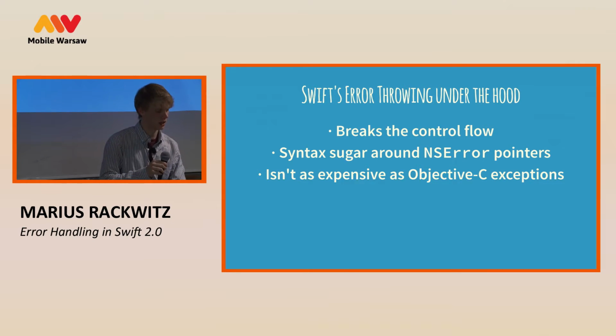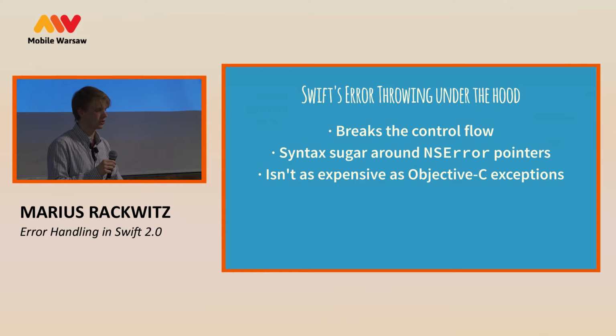It is syntax sugar around NSError pointers, as we have more or less seen already, because it bridges to NSError pointers, and it is also fully compatible at the API level. All old APIs from Objective-C, which are exposed via bridging to Swift, can use Swift's error handling if they have a last parameter with an NSError pointer.